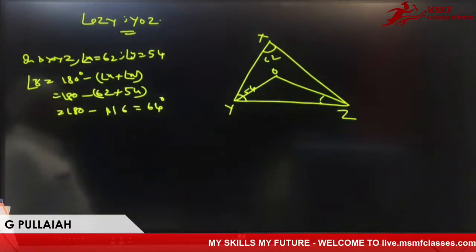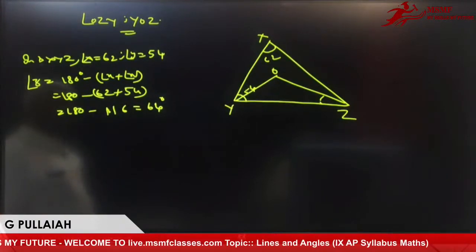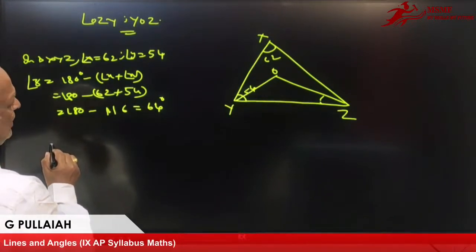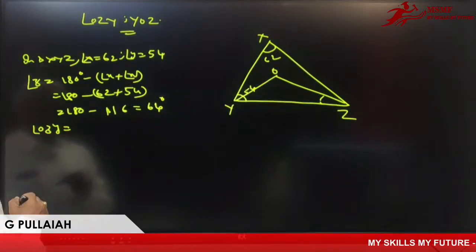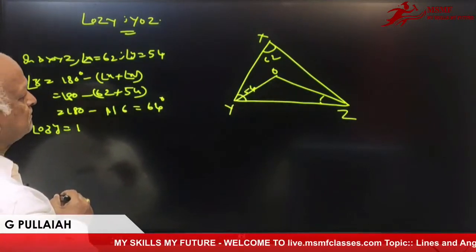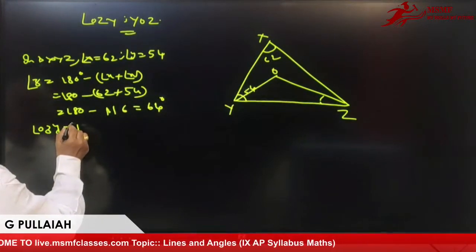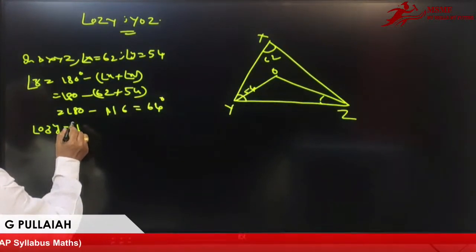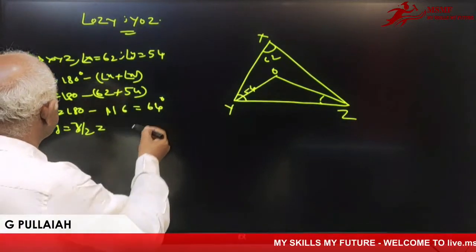This OZY is an angle formed by the bisector of angle Z. So angle OZY is angle Z by 2. Angle Z we got as 64.